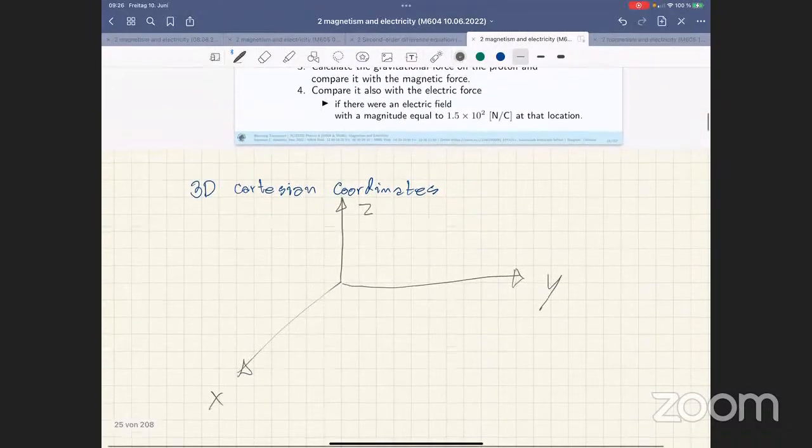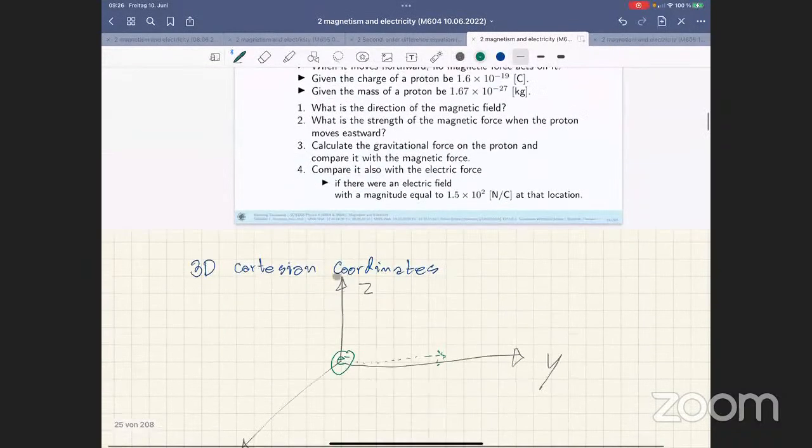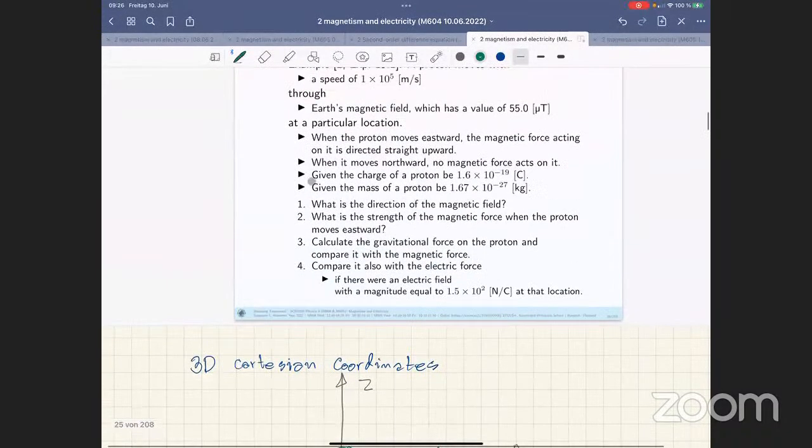They say the electron is moving this direction, eastward, to the right side. If you look from the top view, the electron is moving to the right hand side, like to Chonburi or to Rayong. They say the induced force is in the straight upward direction.